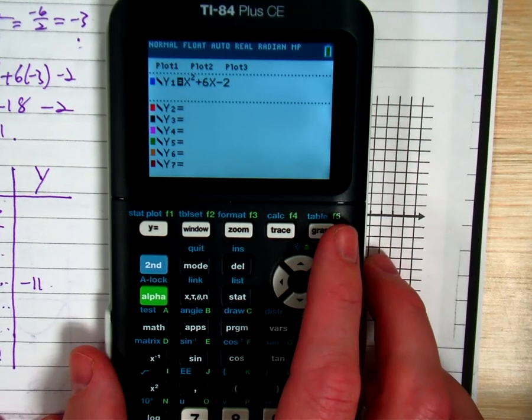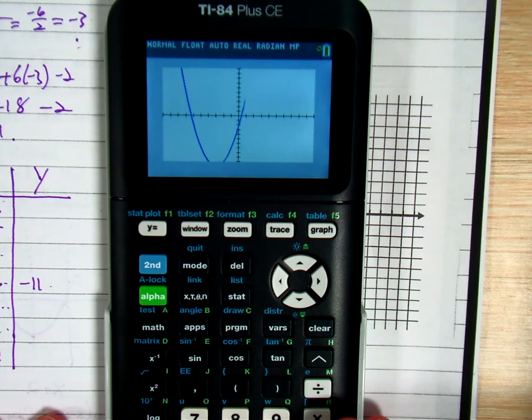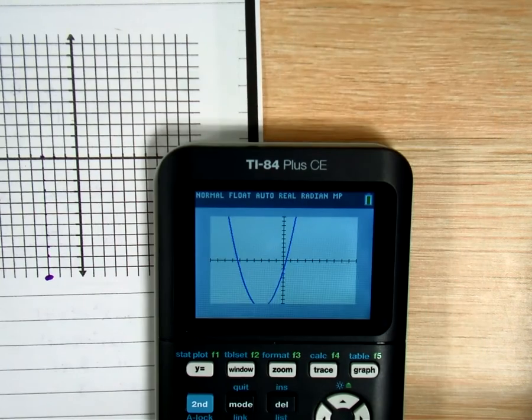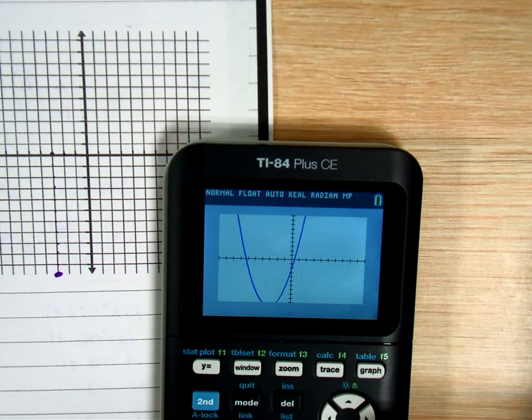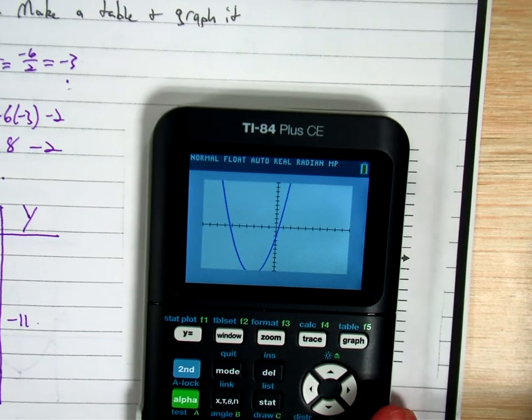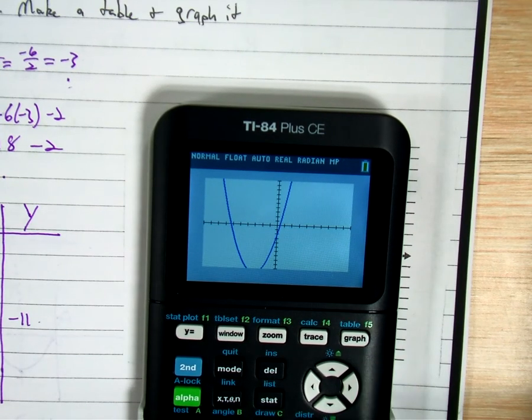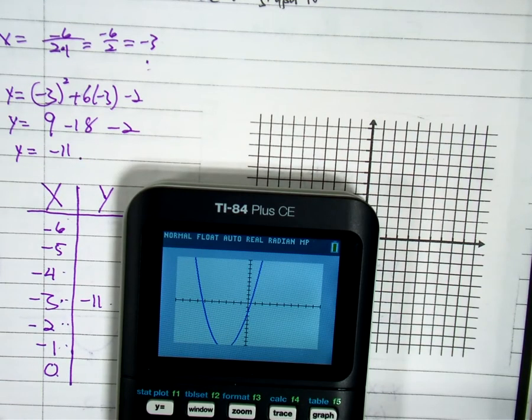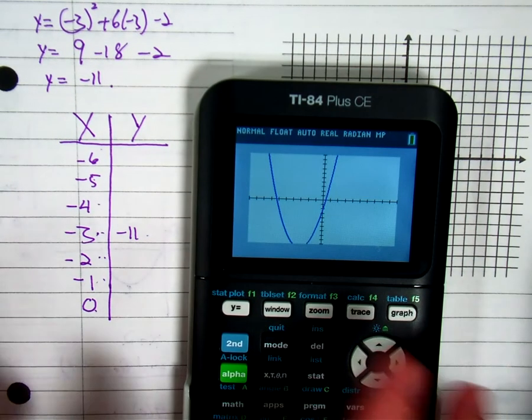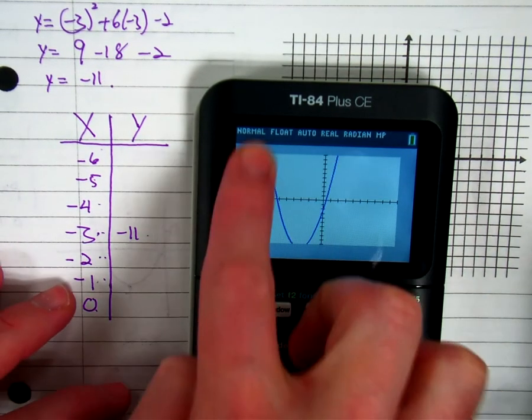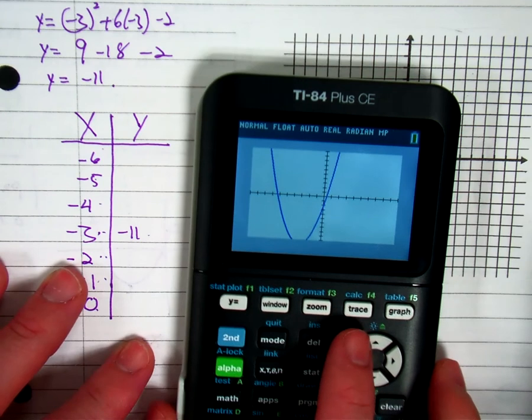All right, graph. So we can kind of see a picture of it. It's going to look pretty close to this. We need to go just off the edge for our vertex. That's okay. What I like to do is this way, because then I can still see the picture: I'm going to push trace.